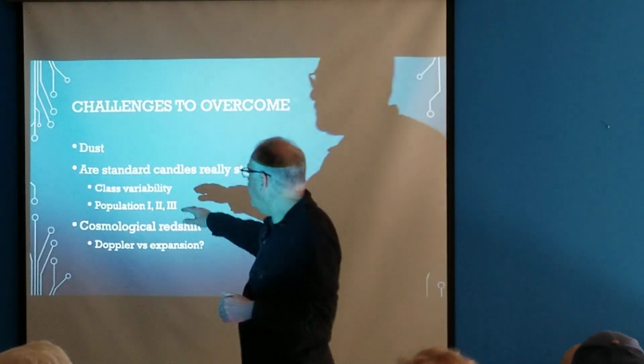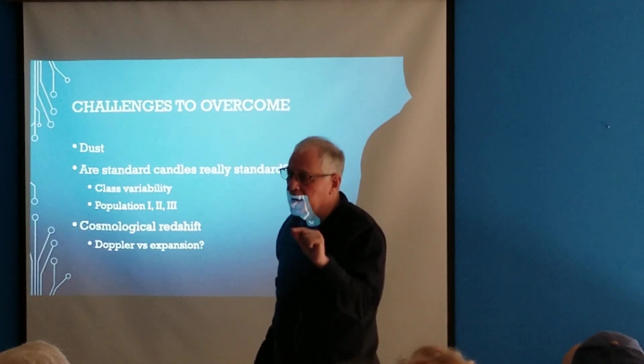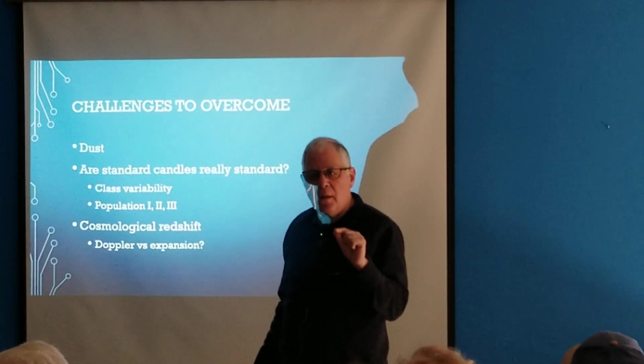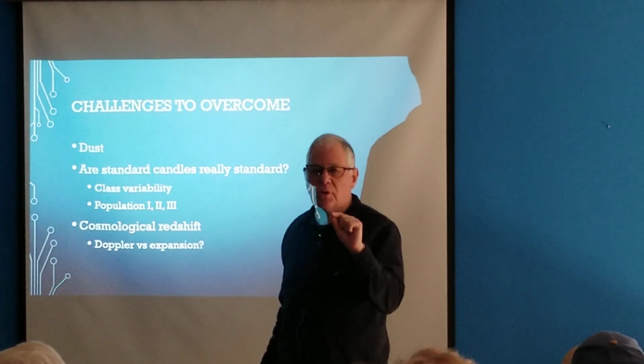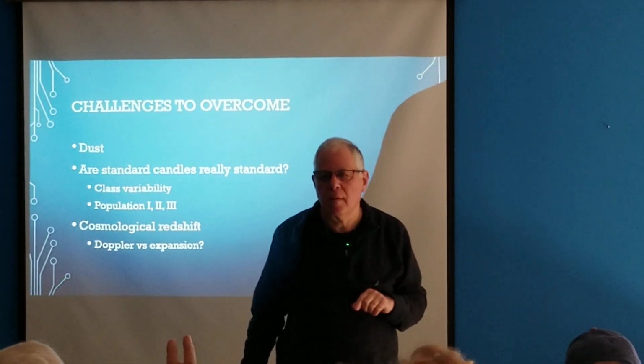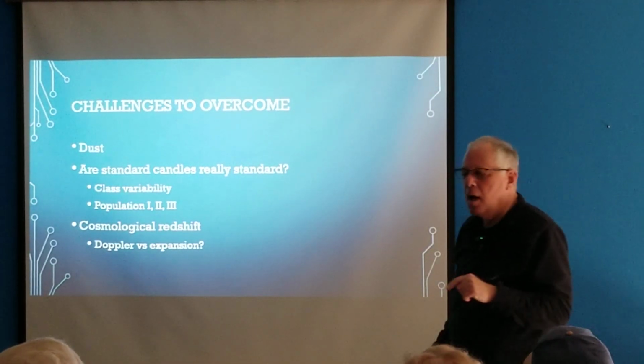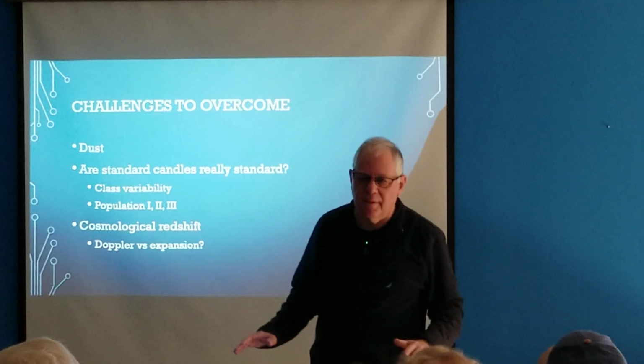Okay, so that's variability in the class. The less variability in the class, the more useful the object is as a standard candle. And the class is determined by analysis of the spectrum? For example, yeah. And that's a whole other discussion.